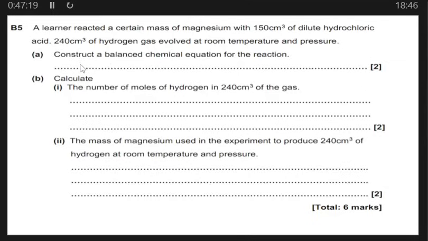So we need to construct a balanced chemical equation for the reaction. Which reaction? Reaction of magnesium with dilute hydrochloric acid. So what we should know is that when we have magnesium, it is a solid. They are saying a balanced chemical reaction, which means no state symbols.